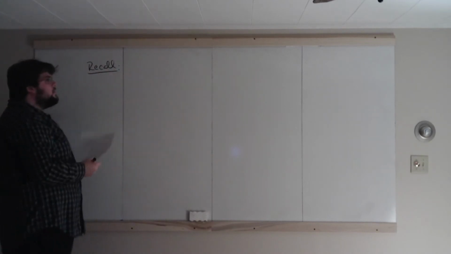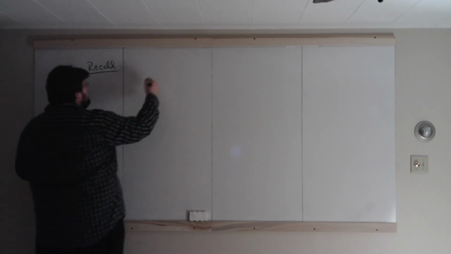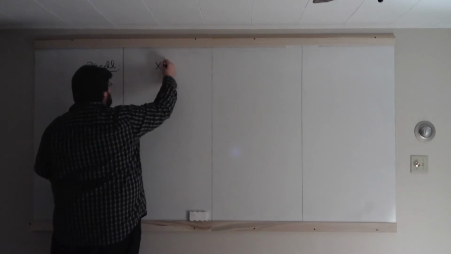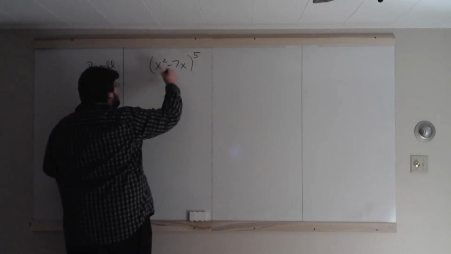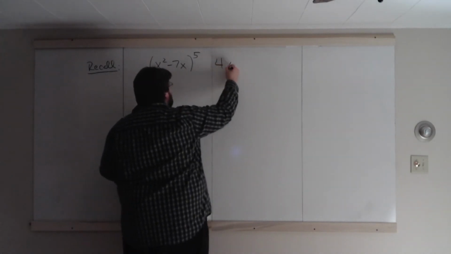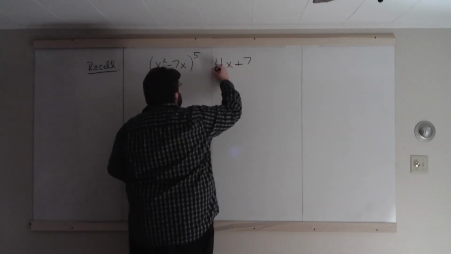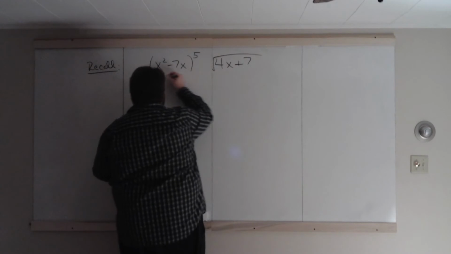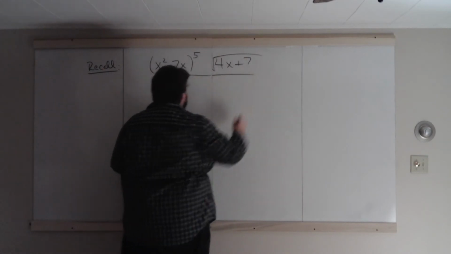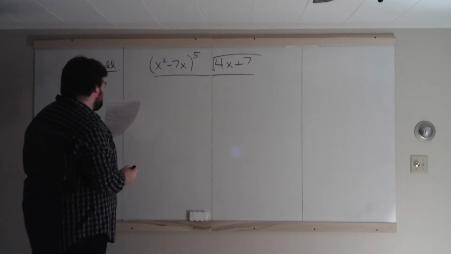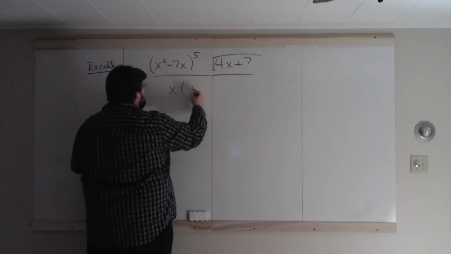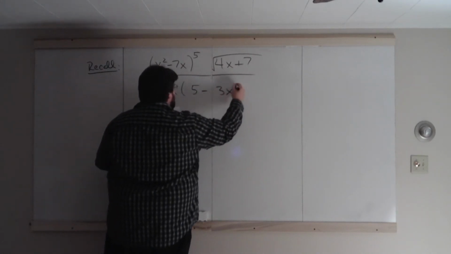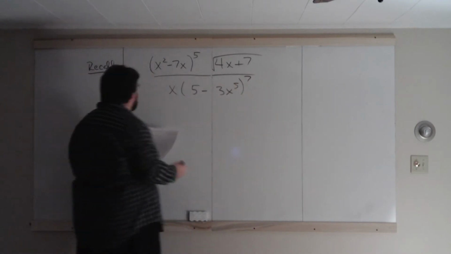We can use logarithms to take a function like this. So let's take this function, that's a square root. So we have x squared minus 7x to the fifth, root 4x plus 7 over x times 5 minus 3x to the fifth, all to the 7th.